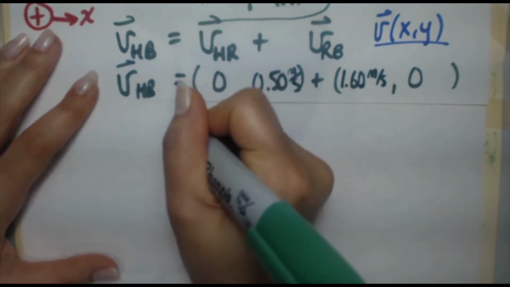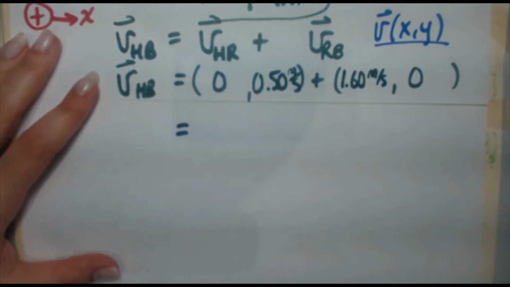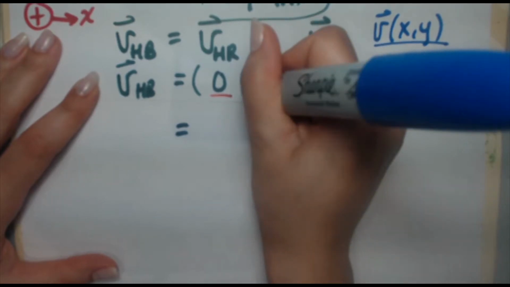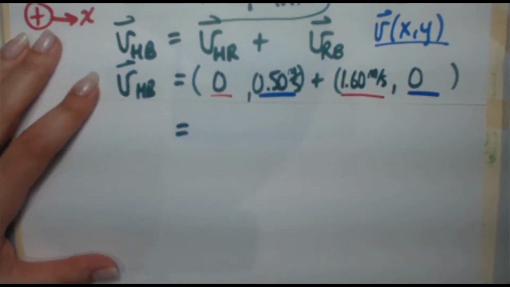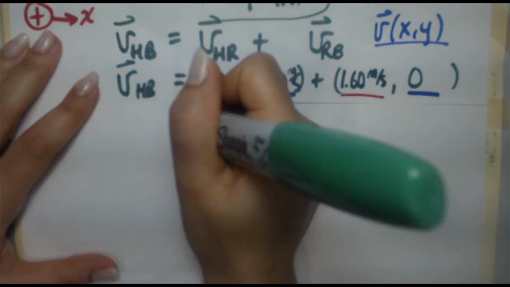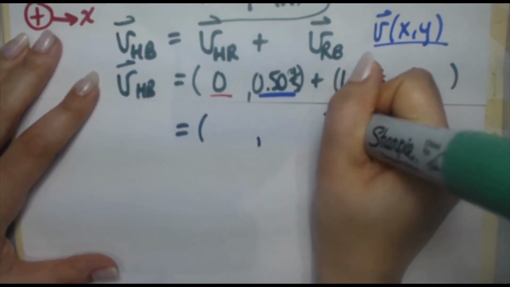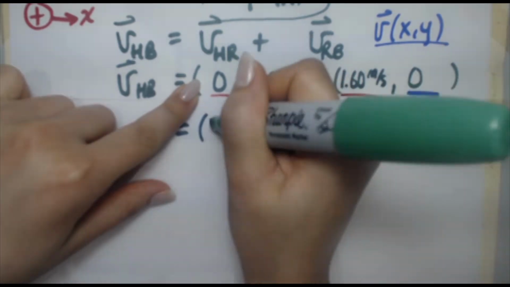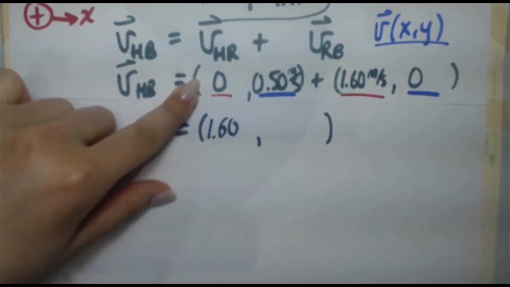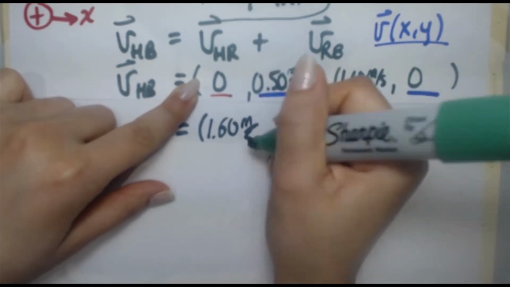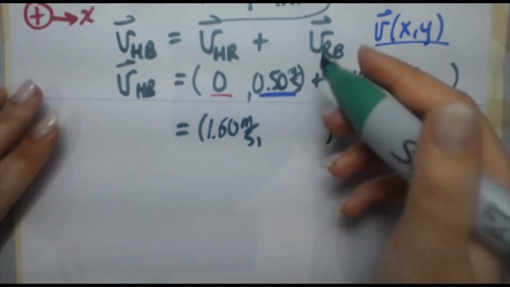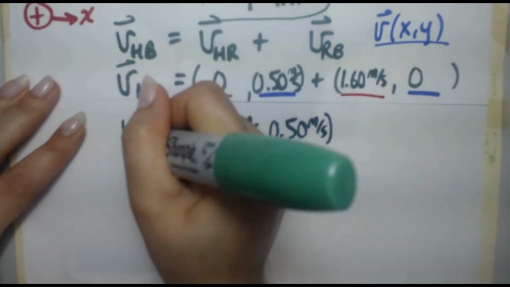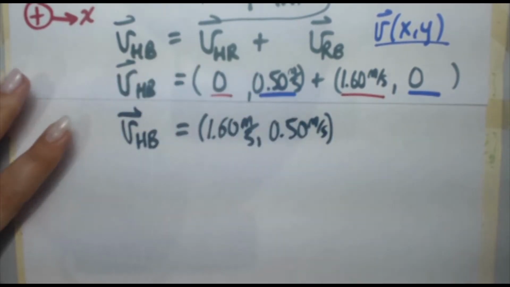When you're adding vectors, you add the x values together and add the y values together. 0 plus 1.60 is 1.60 meters per second. 0.50 plus 0 is 0.50 meters per second. So this is the vector Huck relative to the bank.